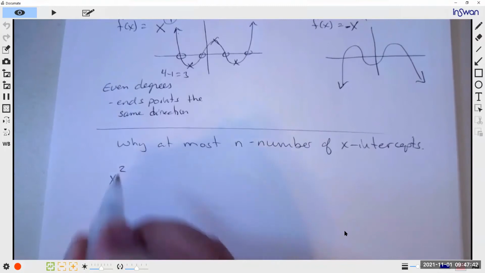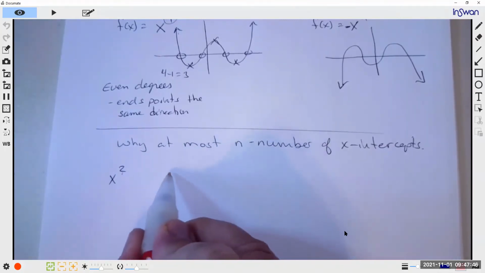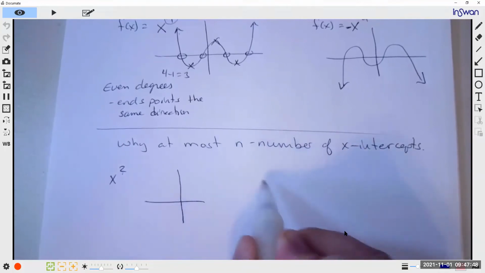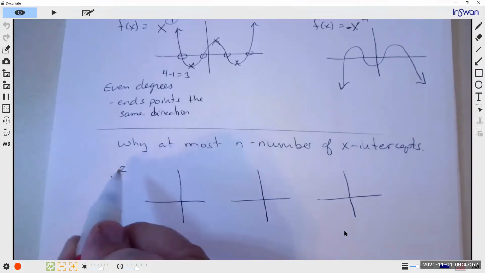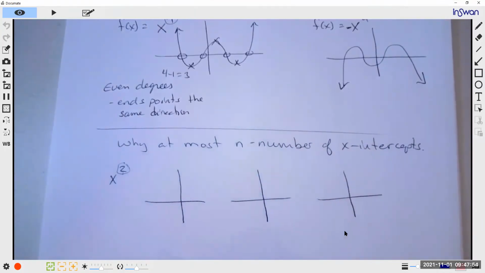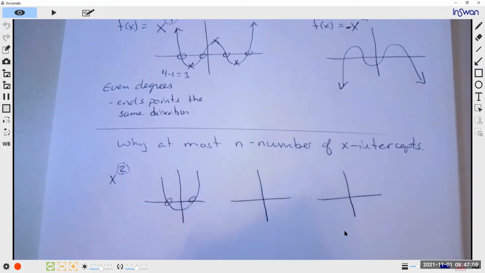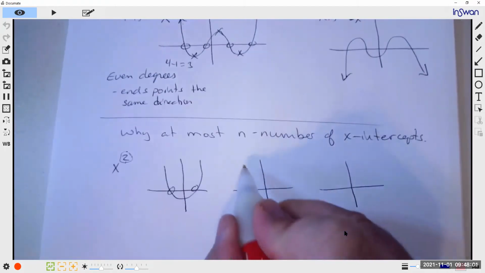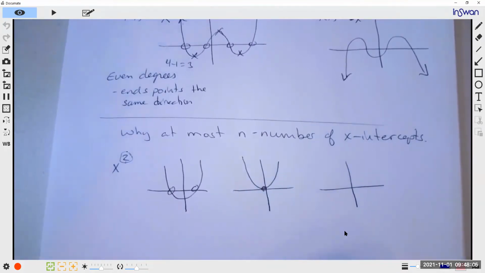But when we talked about the quadratic equation, we said that there were at most 2 x-intercepts. We have 1, 2. Or we can have only 1. Or we have no x-intercepts.